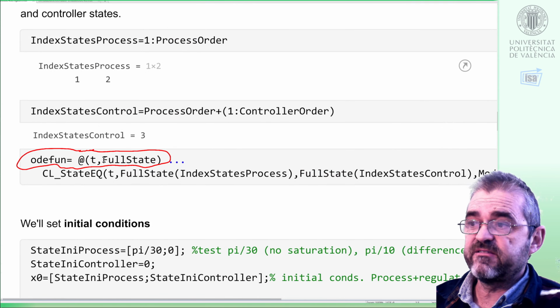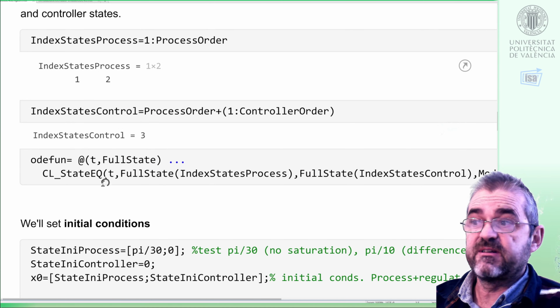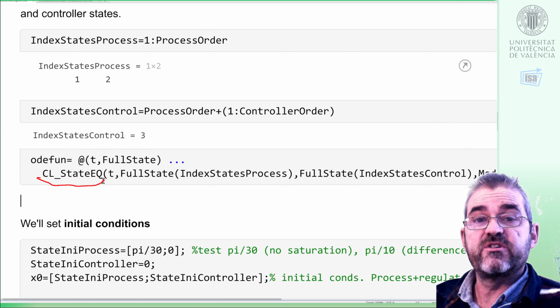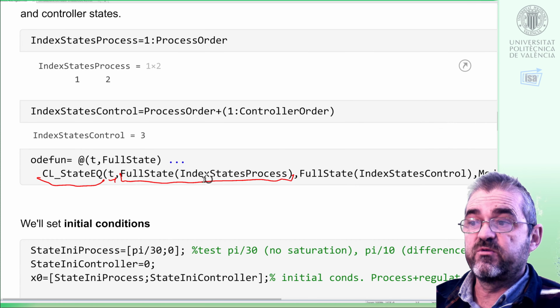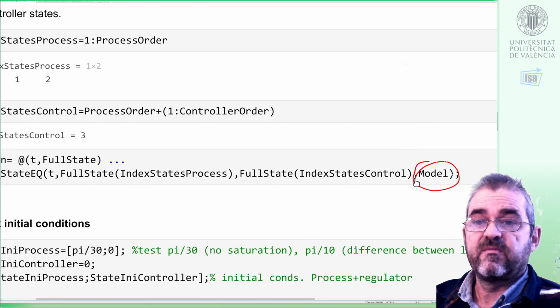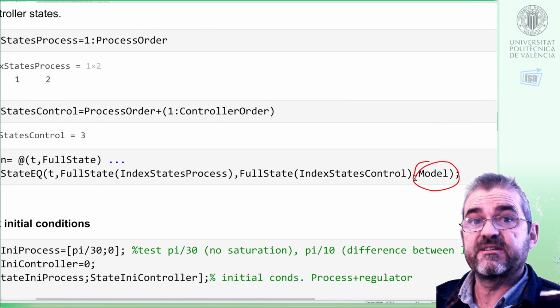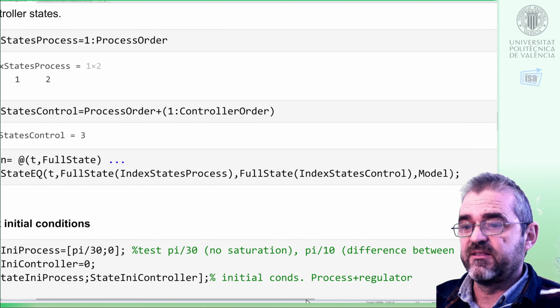So ode45 will call this function passing the clock and the full state, and in this function I will evaluate the closed loop state equation, passing it the clock and the first two elements of the full state as process state, the third element of the full state as controller state, and the model with the separate process and controller state and output equations. With all that, this will execute this code we discussed.